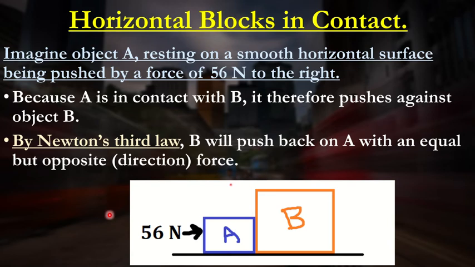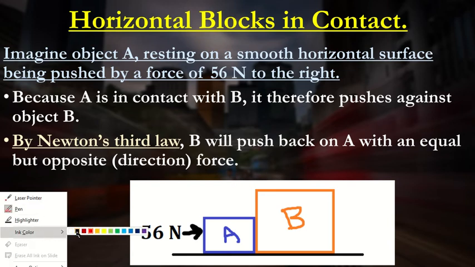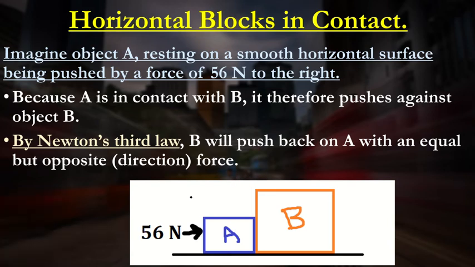According to Newton's first law, if we have a net unbalanced force, then we would cause some type of motion. We also know from Newton's second law that if we have a net unbalanced force, we're going to cause some kind of acceleration in the system in the same direction that the force is moving in.